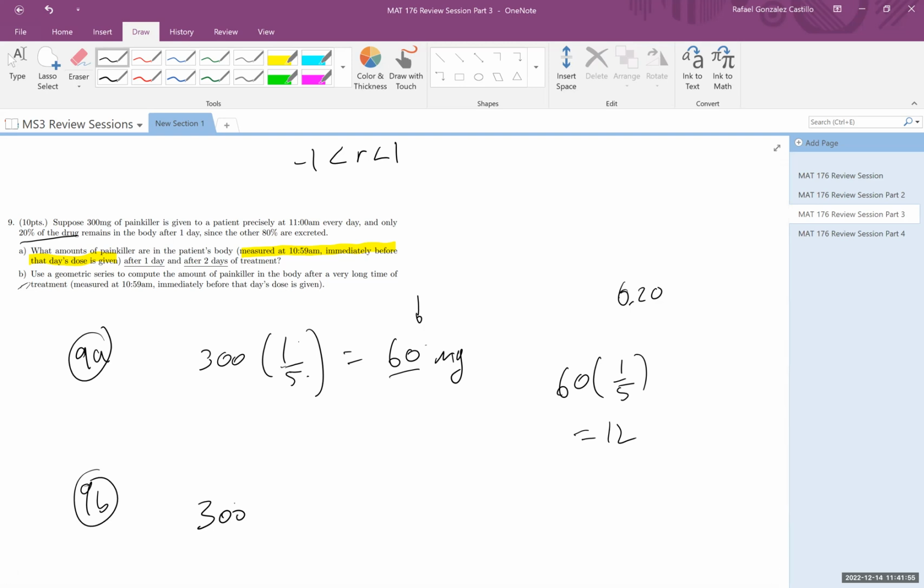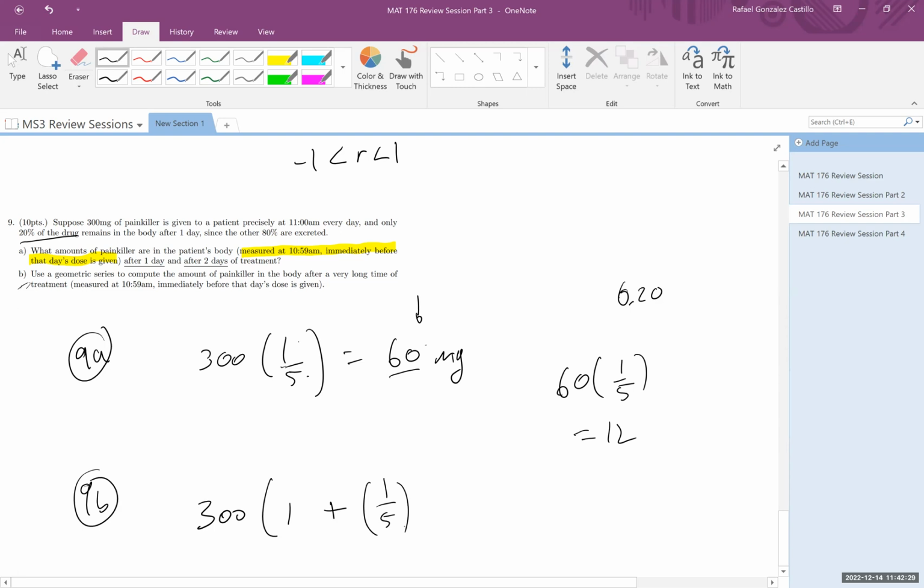Now, you have 300 times what? Every day you're getting a new dose, and I'm assuming that new dose is 300 milligrams. So you have to multiply this 300 by 1. Now, after each day, 1/5 of your dose remains.